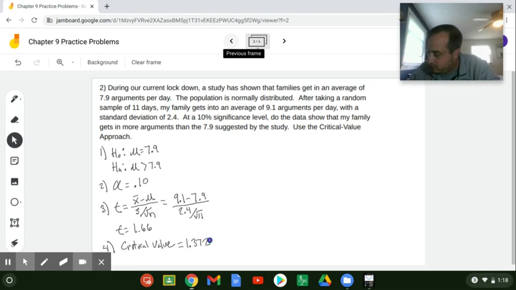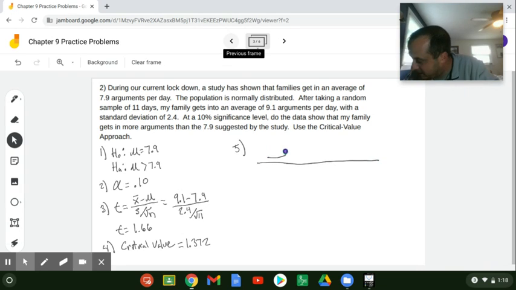Now we're going to figure out, are we rejecting or are we not rejecting? If I sketch my t model right here, which looks basically the same as a normal model, I got my mean in the middle, and we just said my critical value is 1.372. Because it's a right-tailed test, anything above that value, I would have to reject.